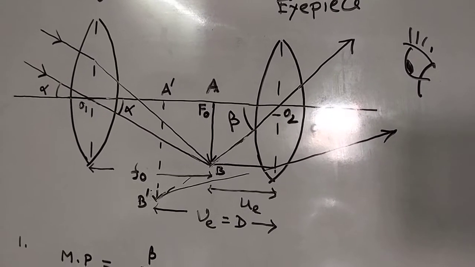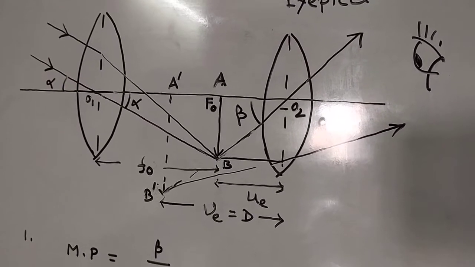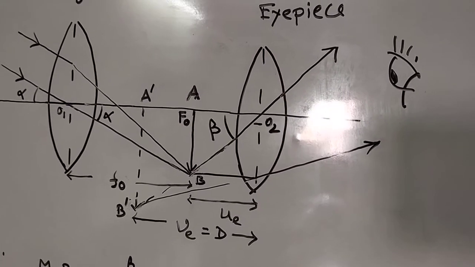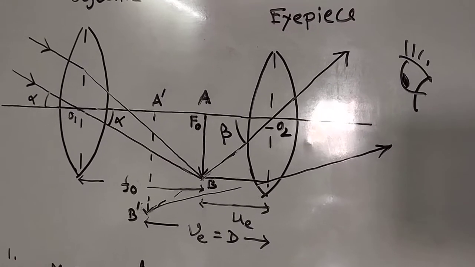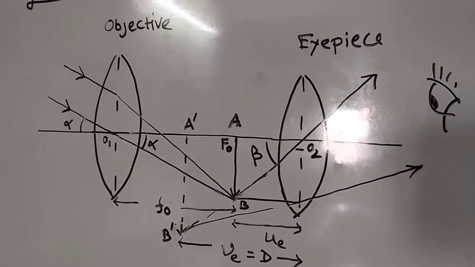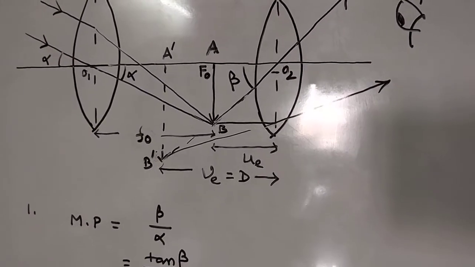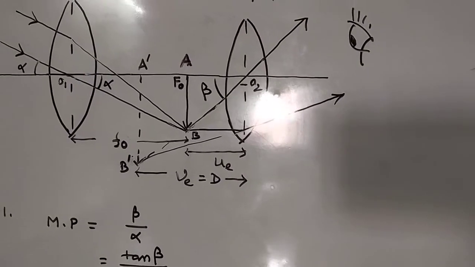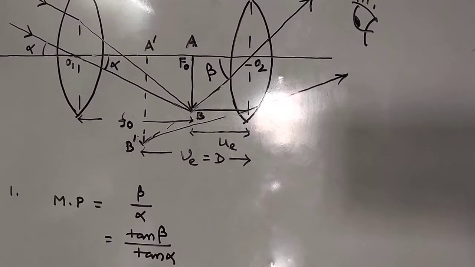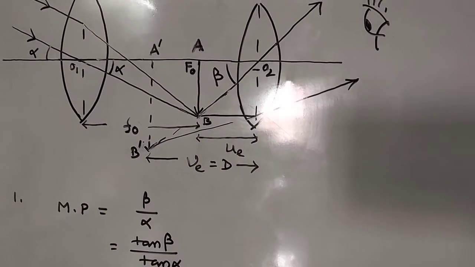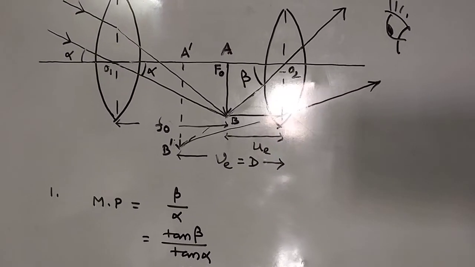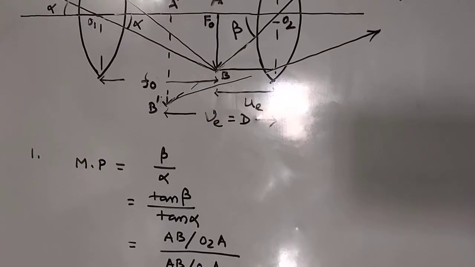Now that image is formed at the least distance of distinct vision, that is V equal to D, and u_e is for the eyepiece. The emergent ray makes an angle beta, and the incident ray makes an angle alpha with the principal axis. As per the definition, magnifying power is beta by alpha. Since beta is small, tan beta by tan alpha. Tan beta you can consider as AB by O2A, and tan alpha as AB by O1A.